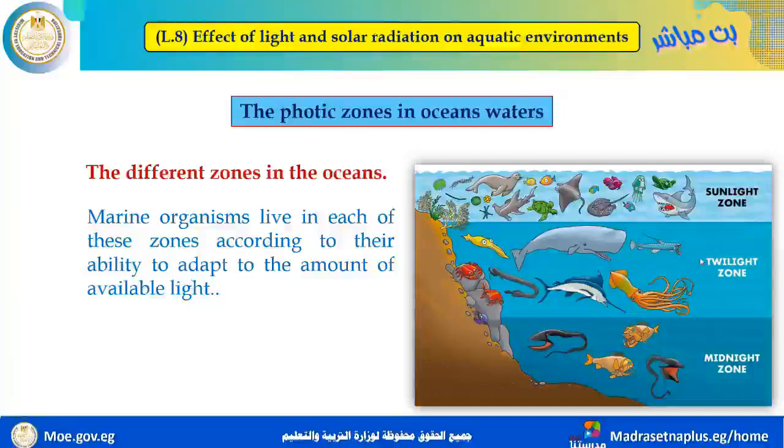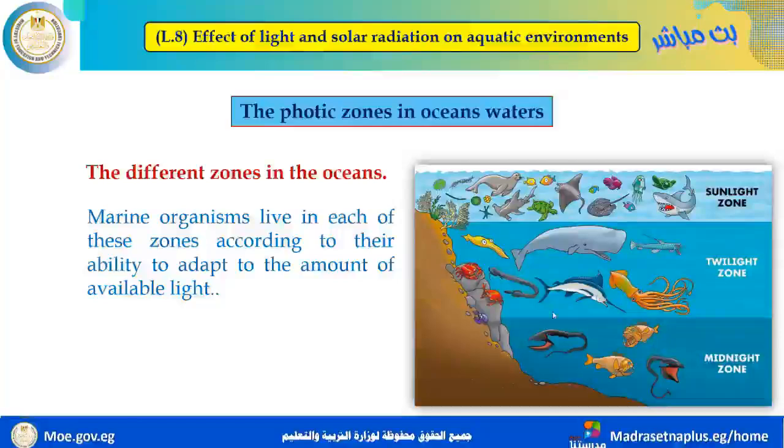And the second layer, which is the twilight zone, where it has a moderate amount of light, so we can find different kinds of living organisms like whales and octopus. Okay? Finally, the midnight or dark area, we have completely different creatures which can adapt to the dark conditions in this area.